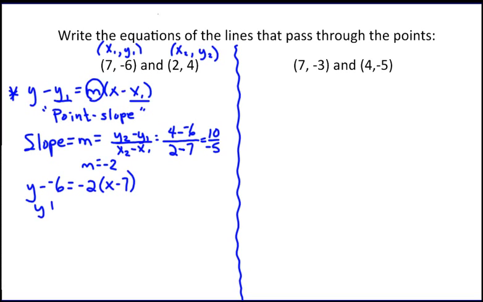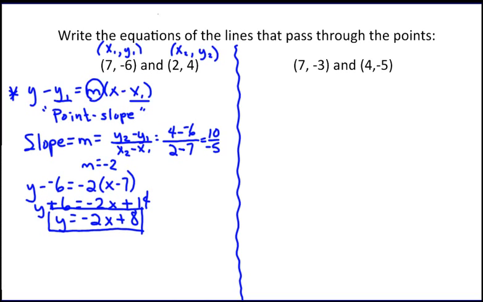That means that y plus 6 equals negative 2x plus 14. I will subtract 6 from both sides, which gives me an equation that is y equals negative 2x plus 8. So that is the equation that contains those two ordered pairs.